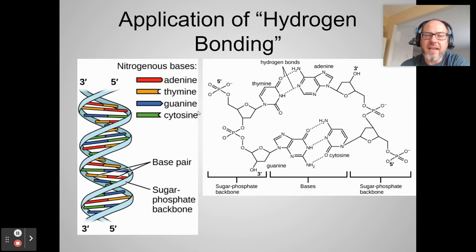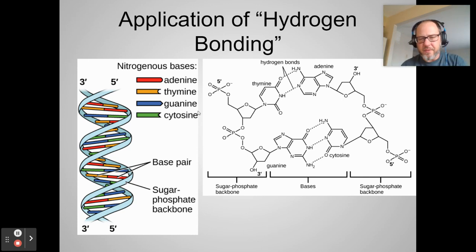This applies to our explanation of why DNA forms the structure that it does. DNA forms a helix because the two sugar phosphate backbones are connected by their bases. The base pairs that connect together are thymine and adenine, because they form two hydrogen bonds, very stable, and guanine and cytosine form three hydrogen bonds, very stable.